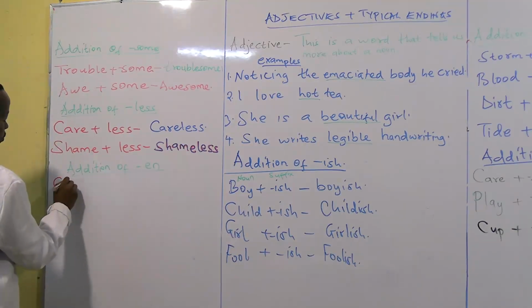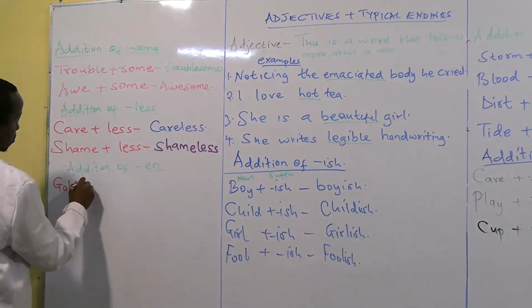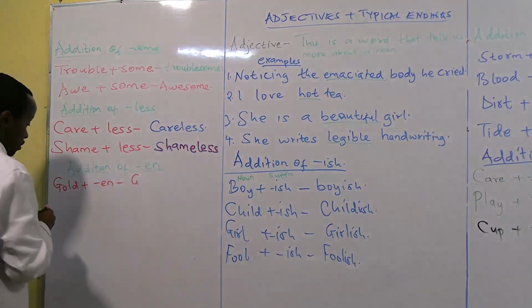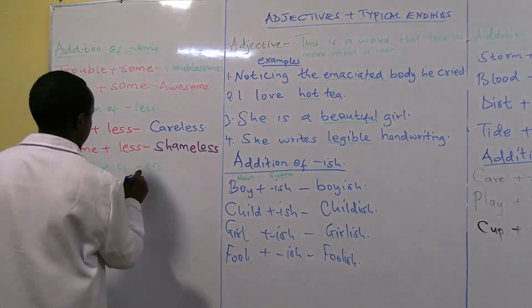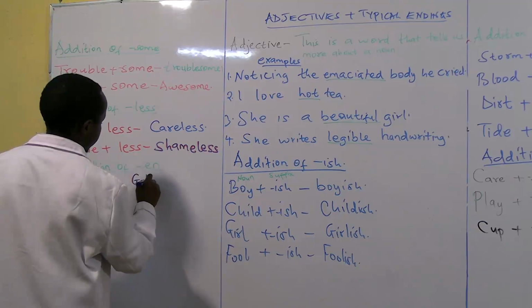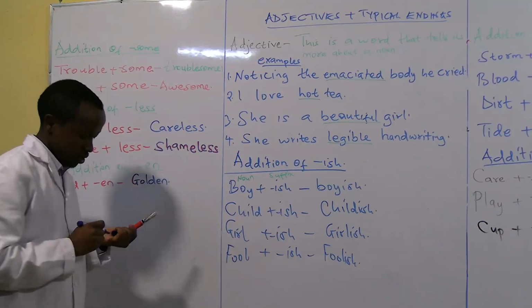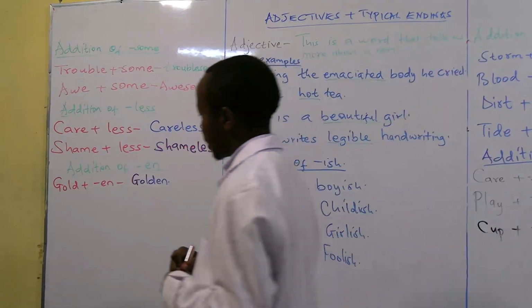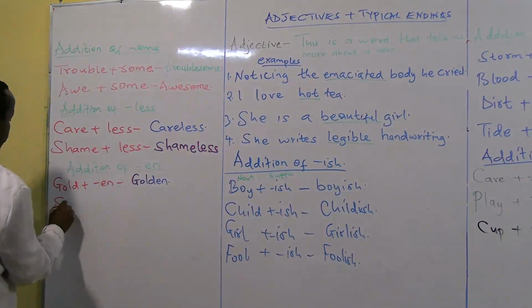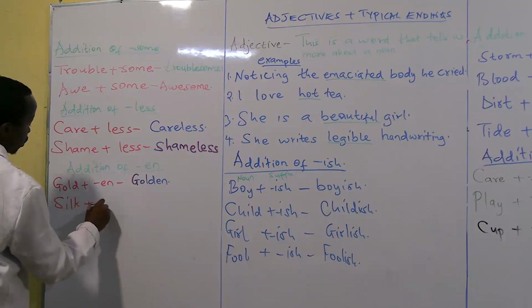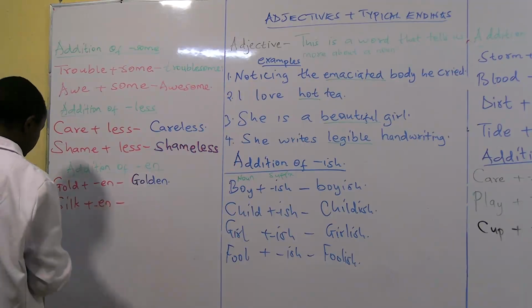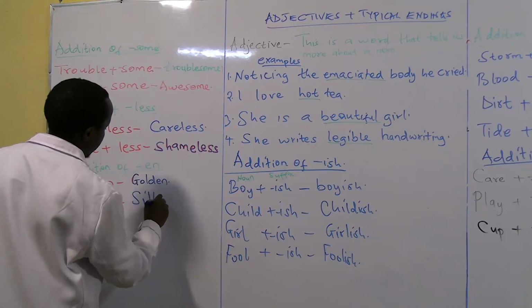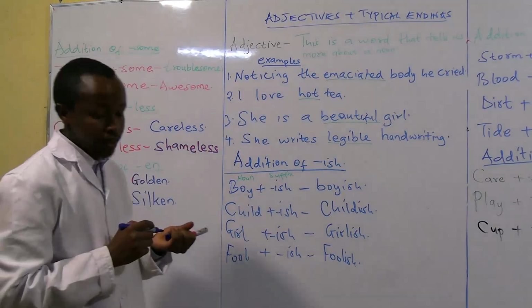Gold plus en becomes golden. We have silk. Silk plus en becomes silken.